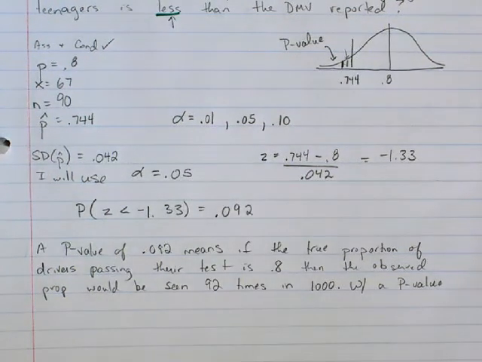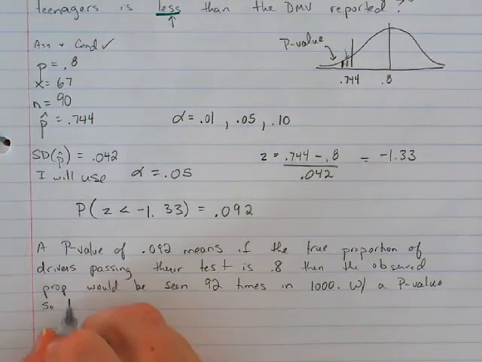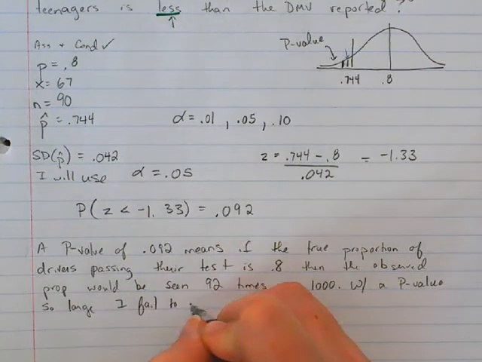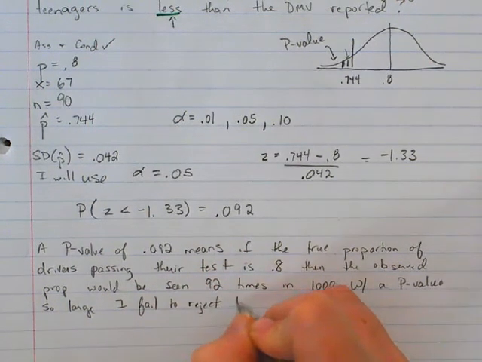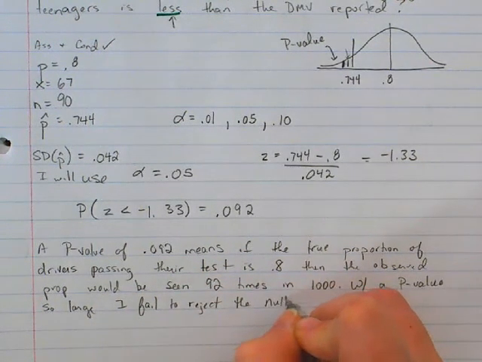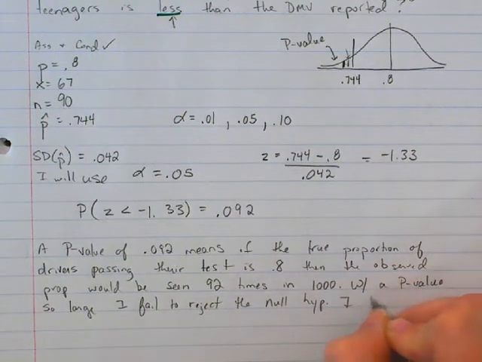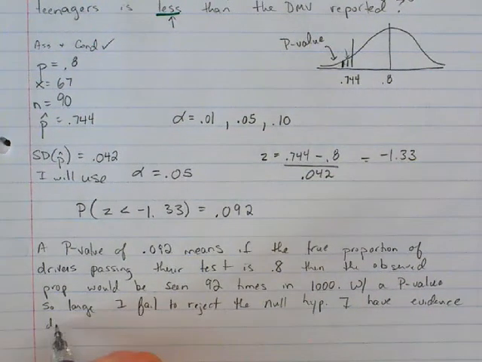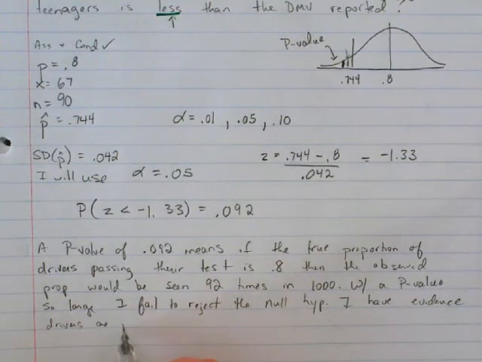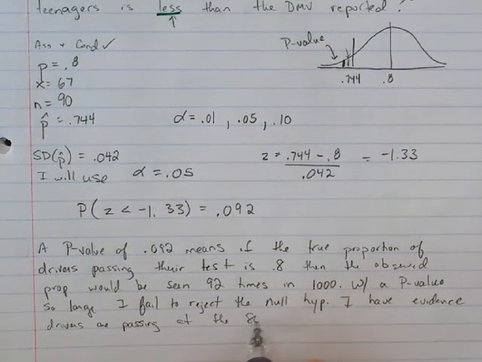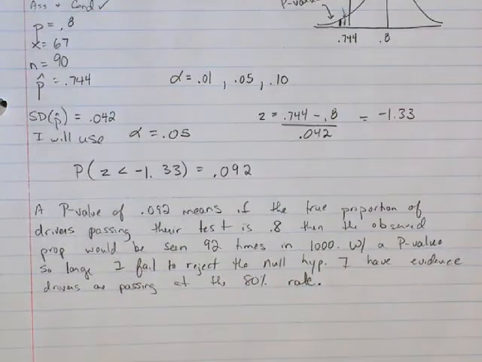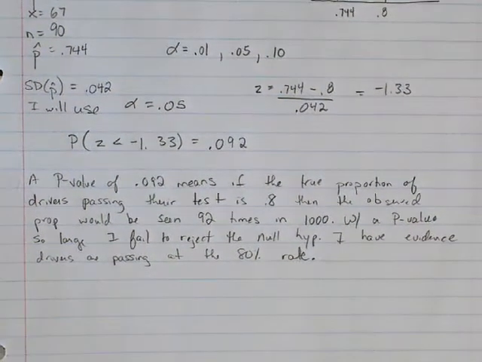Now remember, we think about alpha. Since 0.09 is greater than 0.05, we're going to call that large. With a p-value so large, I fail to reject the null hypothesis. I have evidence drivers are passing at the 80% rate.